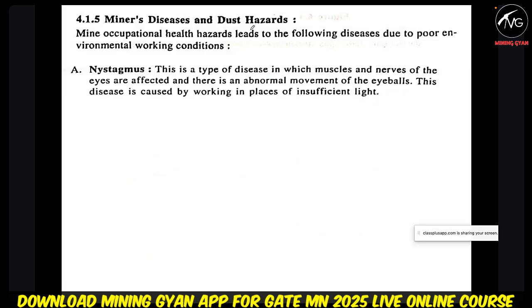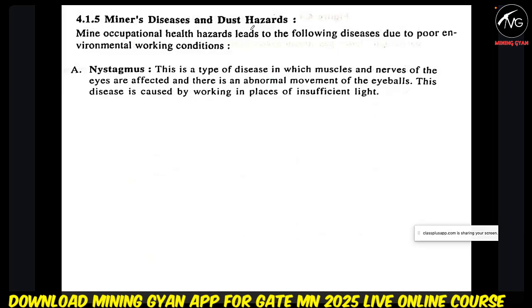The first disease is nystagmus. In nystagmus, the eyes get affected. It is a disease in which the muscles and nerves of the eyes are affected and there is abnormal movement of the eyeball. This disease is caused by working in a place of insufficient light.